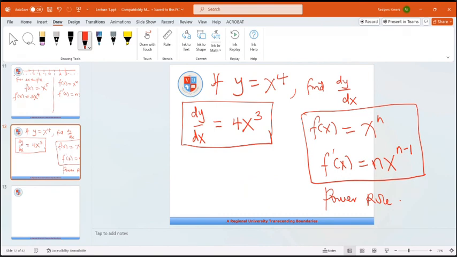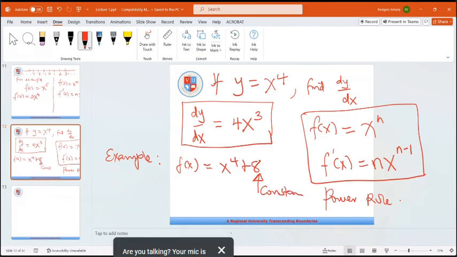There are many rules. You shall eventually use them in combination. For example, if you are given a function f of x equivalent to x power 4 plus 8, you realize that we have a constant here.